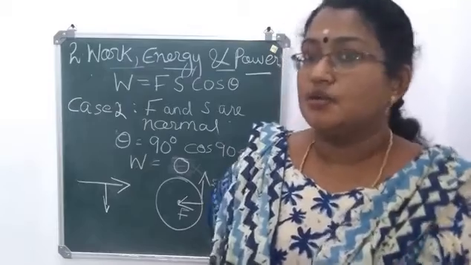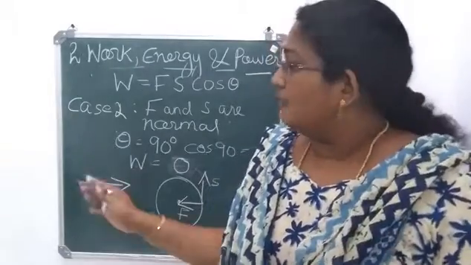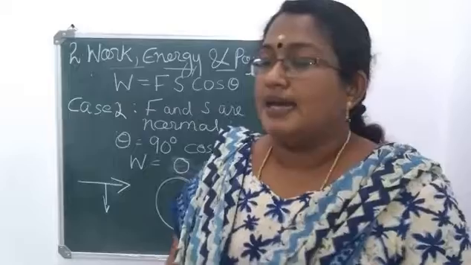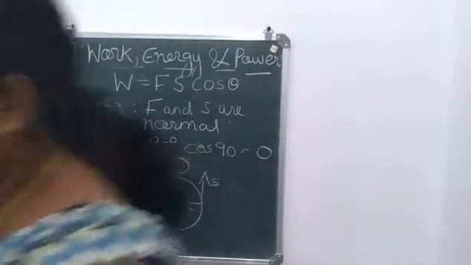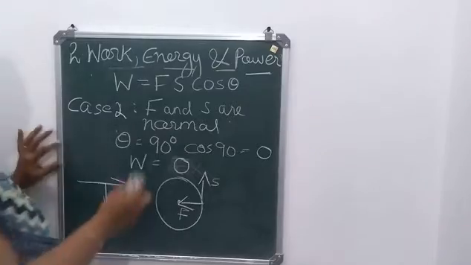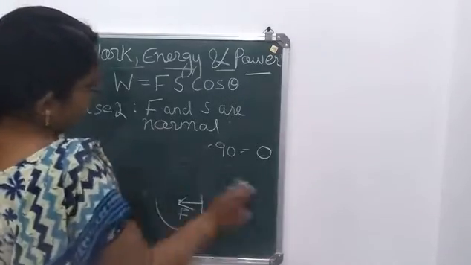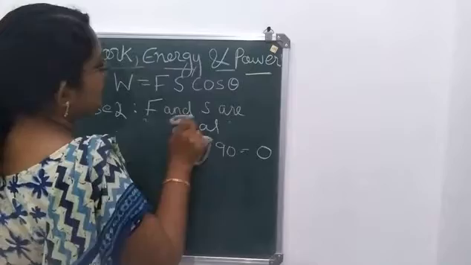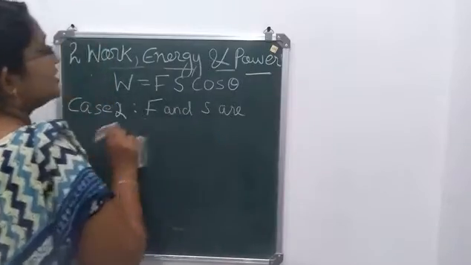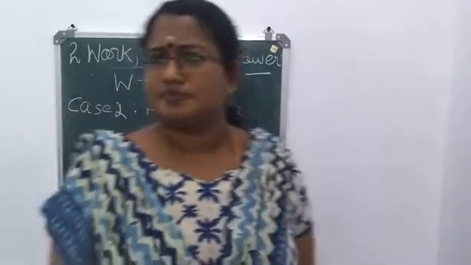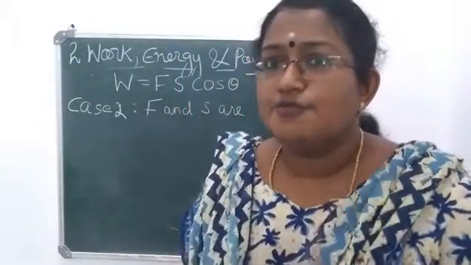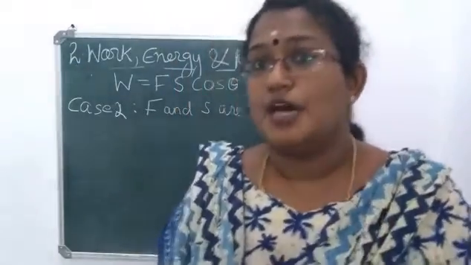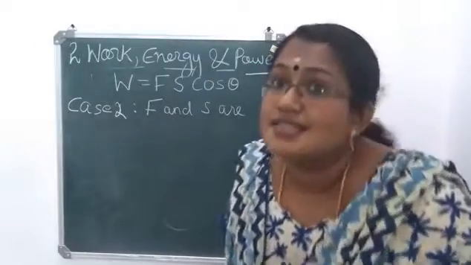Okay, so is it clear? Together with this, one more thing you have to keep in mind. There are two cases where work done by a body is 0. First one, if force and displacement are perpendicular to each other, work done will be 0.